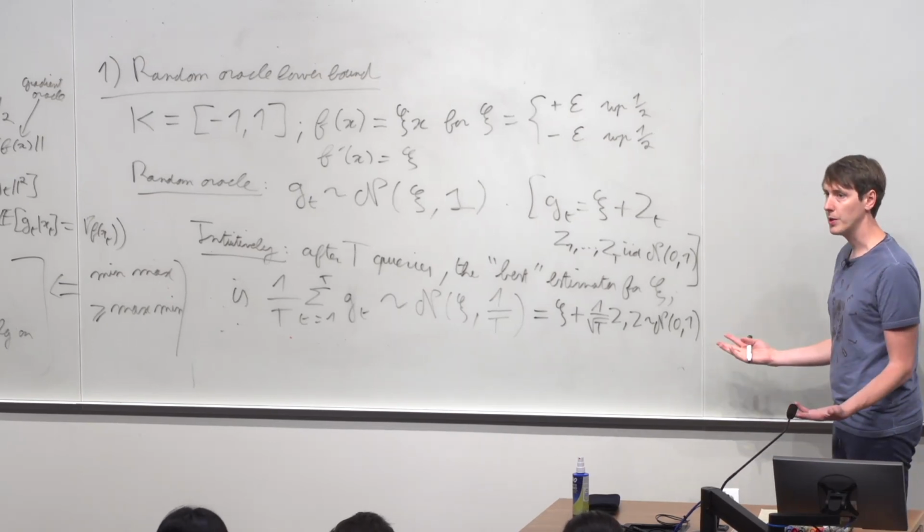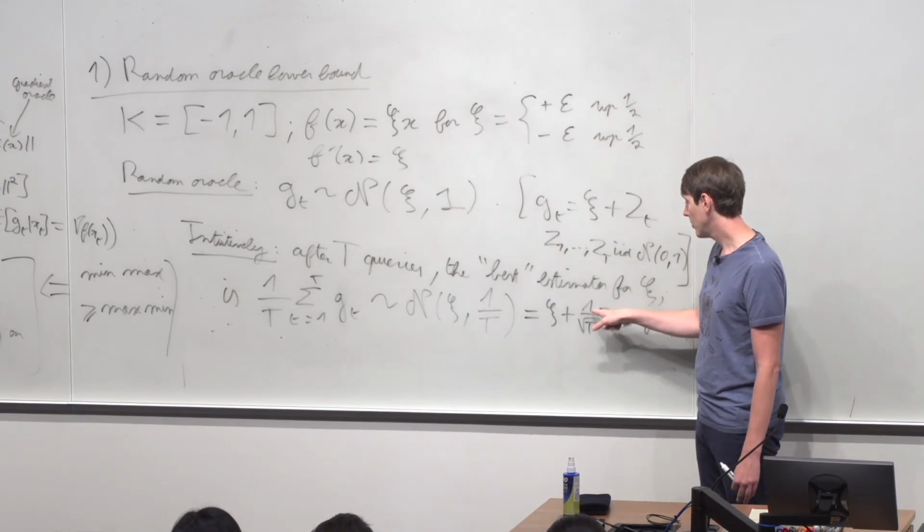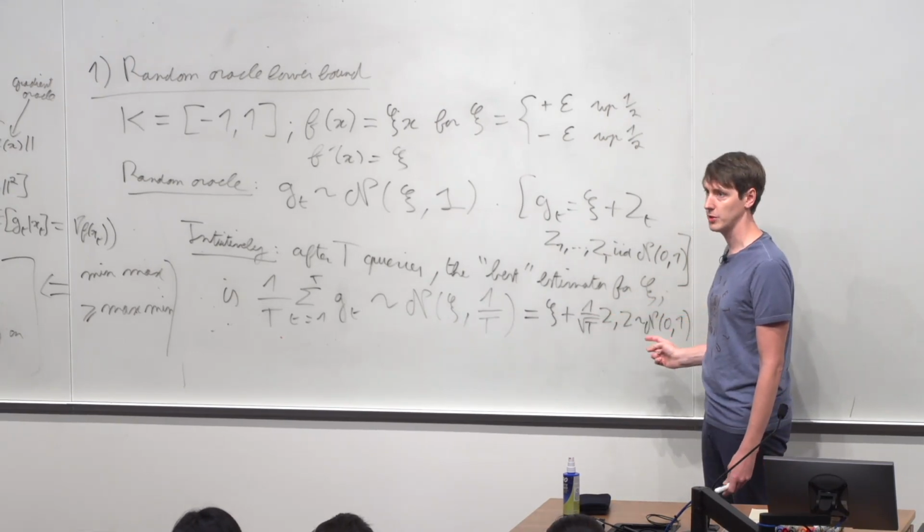So after T queries, I can estimate the slope up to an error which is like 1 over square root T times a Gaussian.